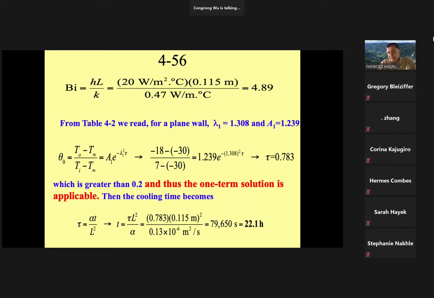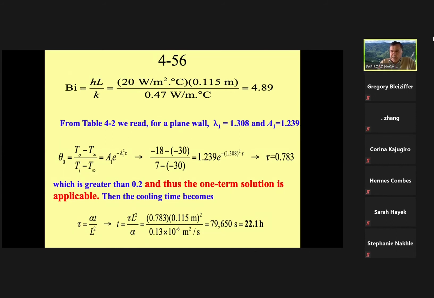So if we get a Fourier number smaller than 0.2, we go to the figures? Yeah. Or you can use the other equation that you have, the summation from 1 to n, but I don't think you can solve that problem that way. Any other question?